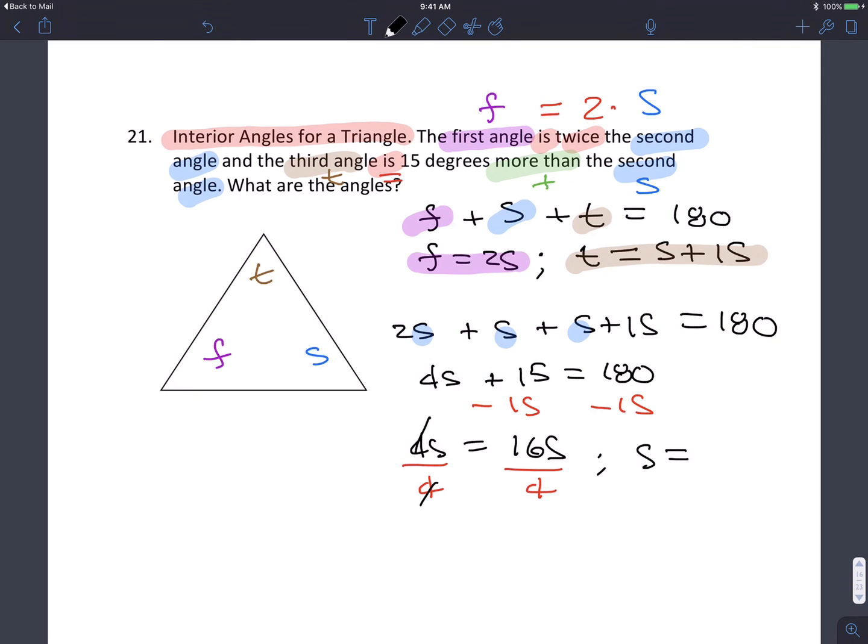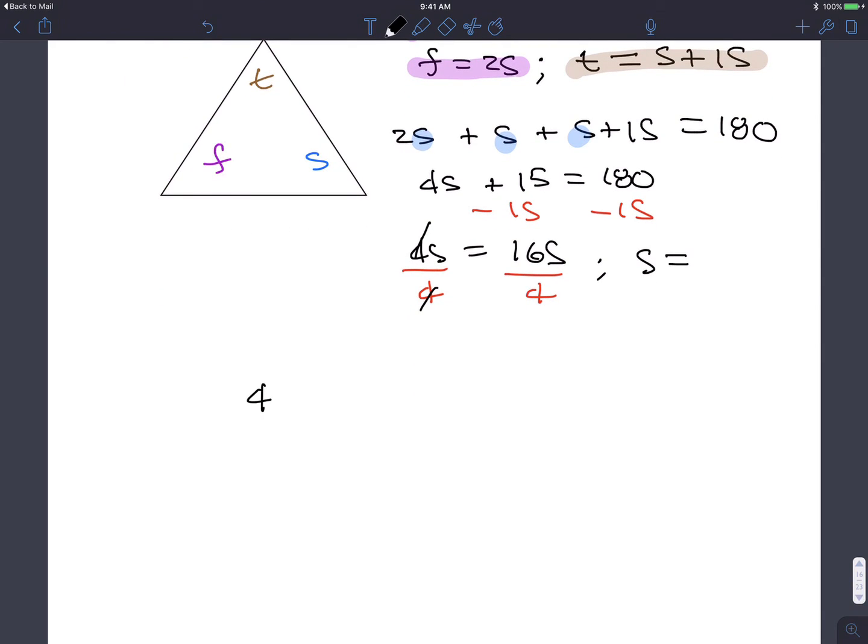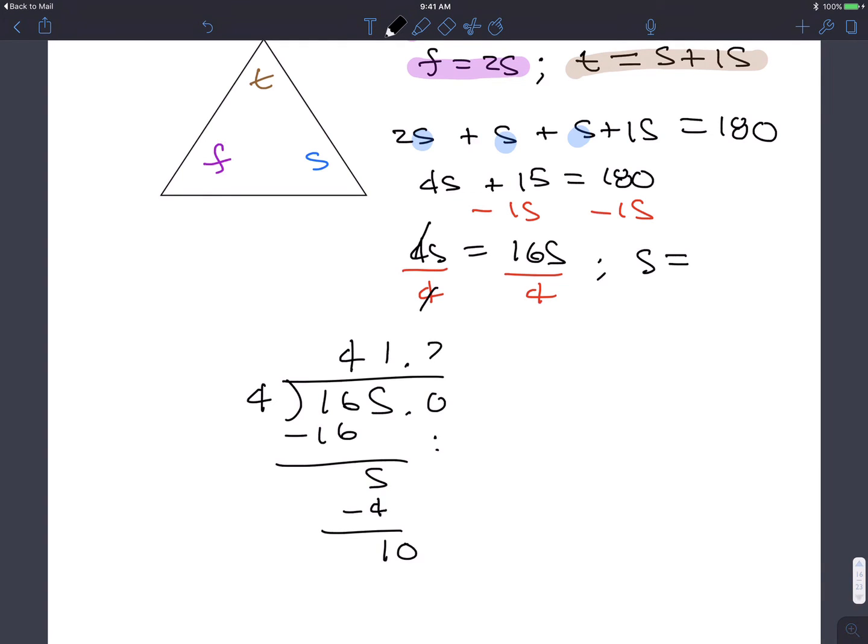So what you can do is do the arithmetic, do the long division, something that looks like this, if you like. 4 goes into 165. It goes in 4 times. That's a 16. Got a 5, bring down the 5. Goes in once. Subtract, you got 1. Bring down my 0. 2. 8.